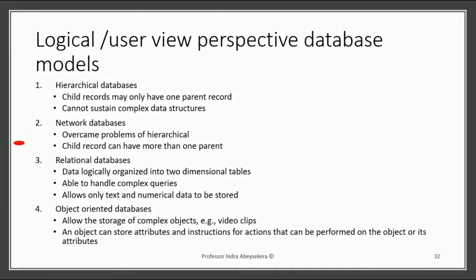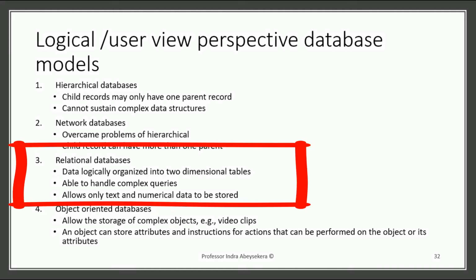The relational database follows a more logical, organized, two-dimensional table. It has rows, and then it has columns. Columns represent different fields, information fields, and the rows represent different records.